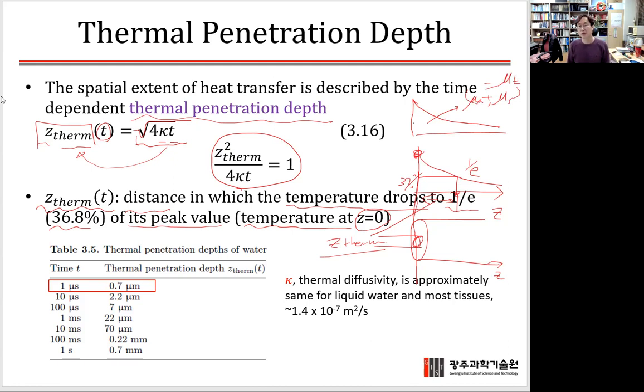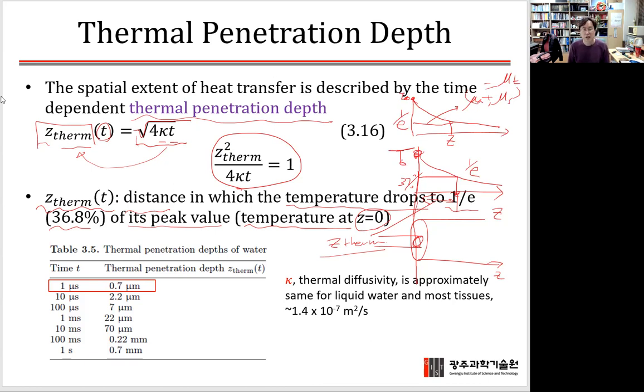So here we also look at the penetration depth of the light as the 1/e point of the light intensity at the surface. So here, same as the temperature.